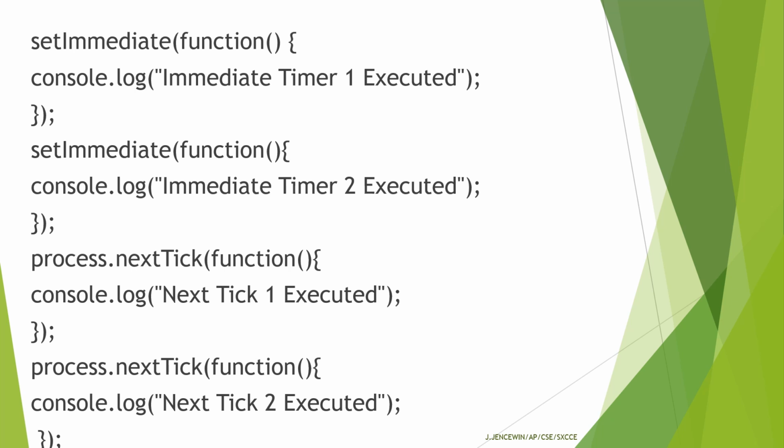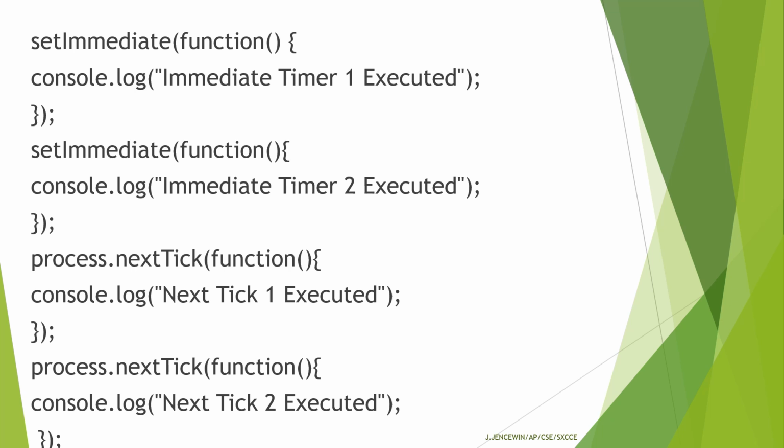The setImmediate and process.nextTick get executed after the current iteration. This kind of task is added to the micro task queue, so when the particular callback is executed after the current iteration, or after clearing the current functions on the event queue, these functions are added into the macro task queue.